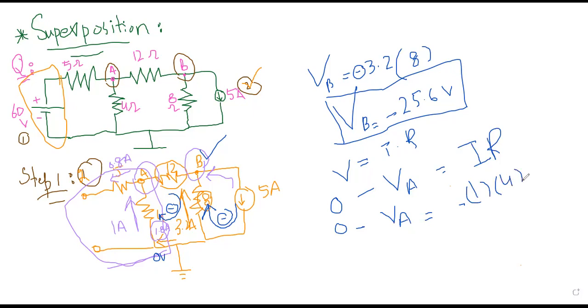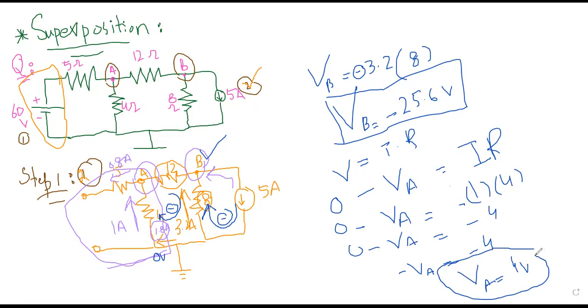So this will be 0 minus VA equals minus 4. So minus VA equals minus 4. So this will make my value of voltage at A equal to 4. So this is the complete solution of my superposition theorem.